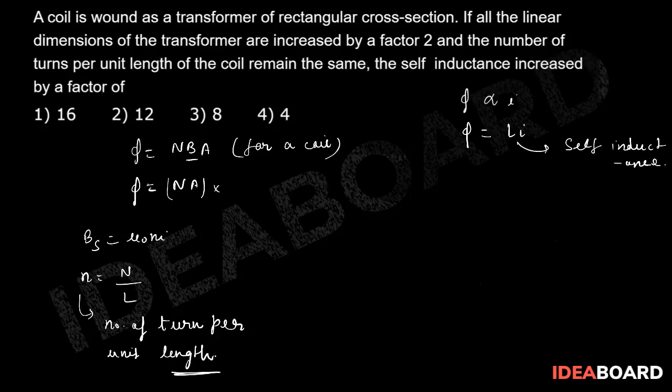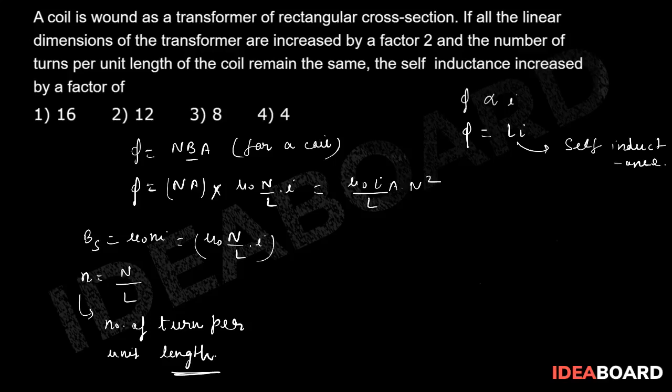Perfect. So if you put this value here, you get mu naught into capital N by L into I. And then you get mu naught into I upon L into A into N square.